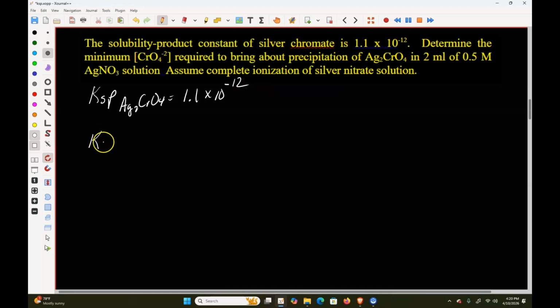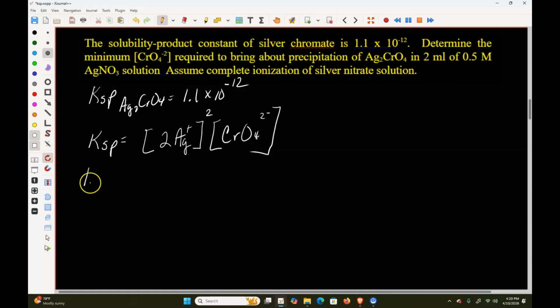So I know the Ksp is going to equal, I have 2 silvers squared times my chromate, like this. So I would say 1.1 times 10 to the negative 12 equals 2x squared times x.